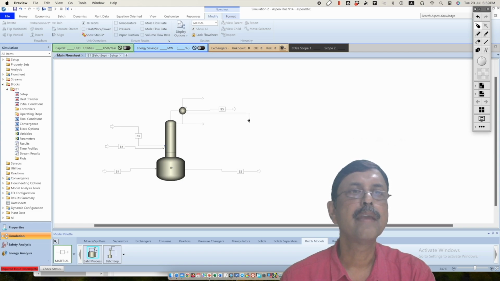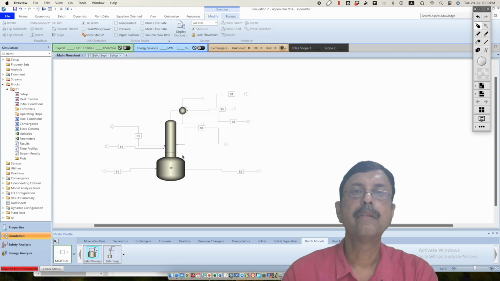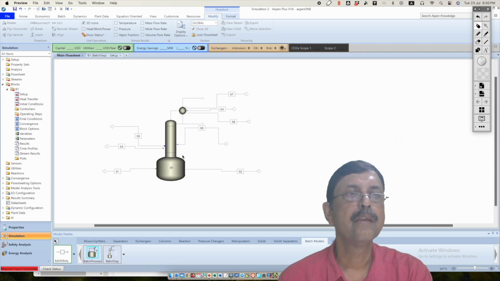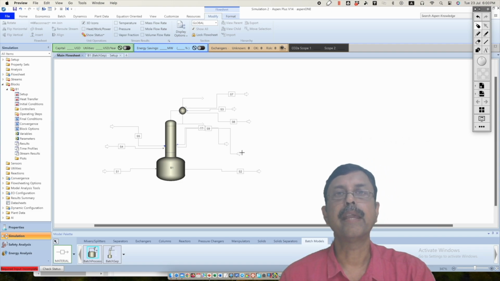So S3 is one distillate stream, S6 another distillate stream, and this is another distillate stream. And these are the side product streams. So all those side product streams are taken out from stages. Okay, so from the stages, these side streams can be taken out.